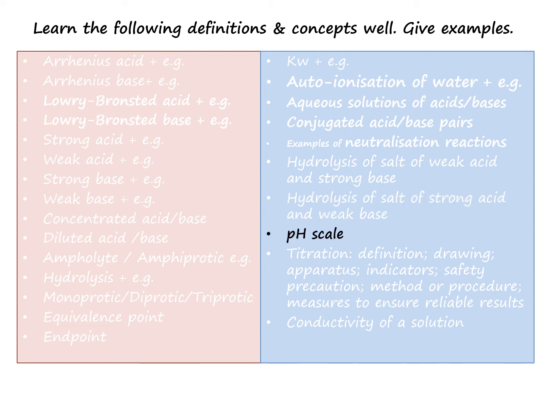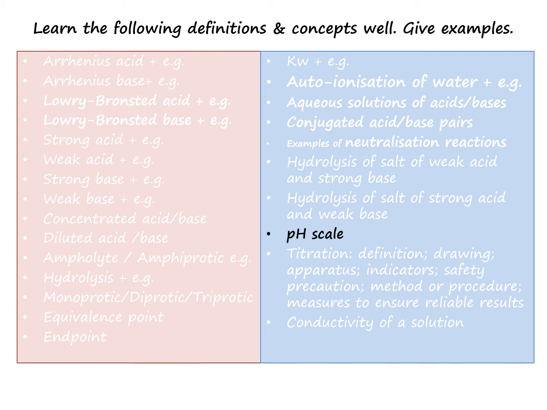By now you should all know the pH scale, but I want to remind you. The pH scale measures the acidity of a solution. It ranges from 0 to 14.